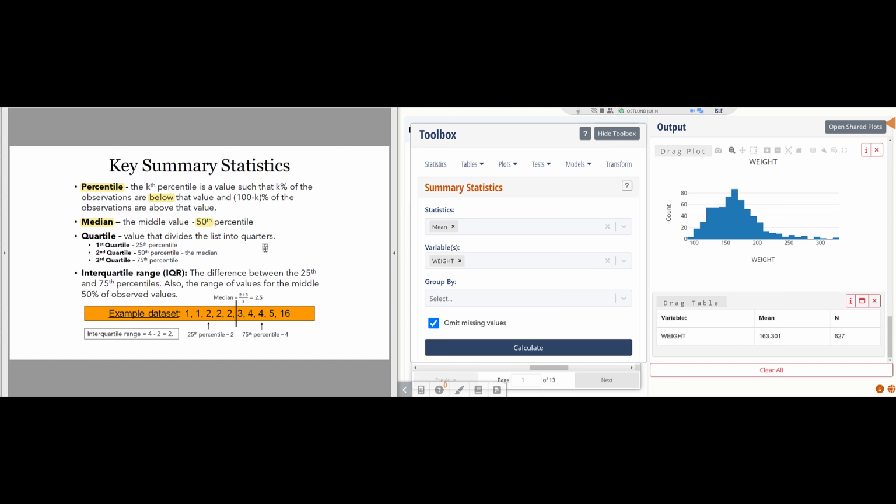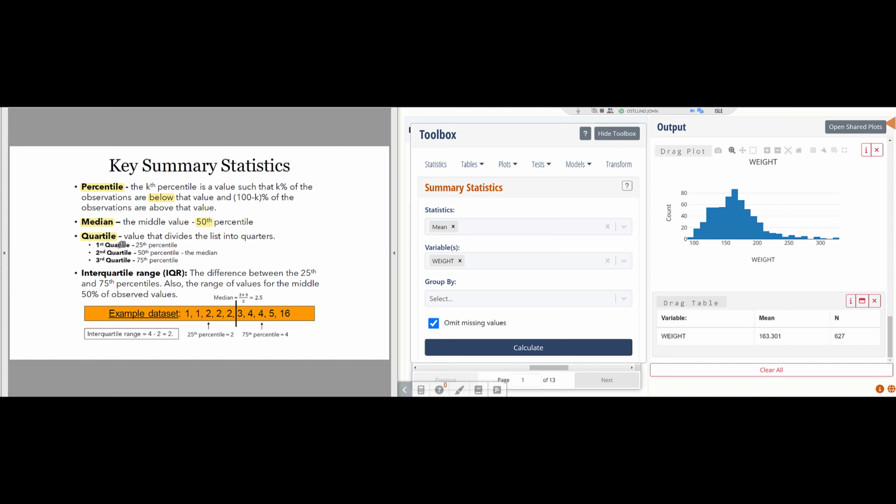Now, by convention, it's common to break these percentiles into quarters. And we can talk about the bottom quarter, the top quarter, and the second quarter and third quarter here.